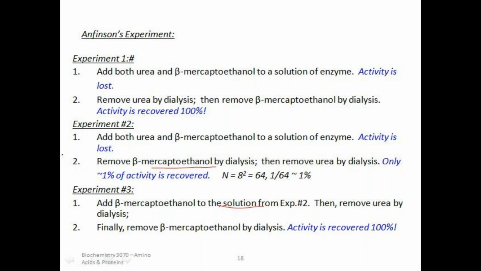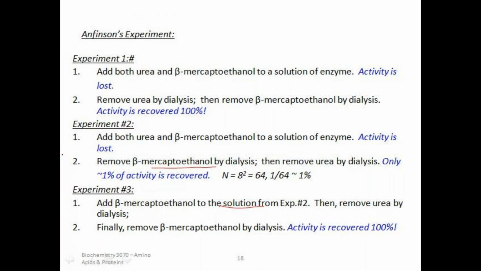Why? Because the main bonds that are responsible for three-dimensional conformation are from beta mercaptoethanol. After the removal of urea, we can remove the beta mercaptoethanol.